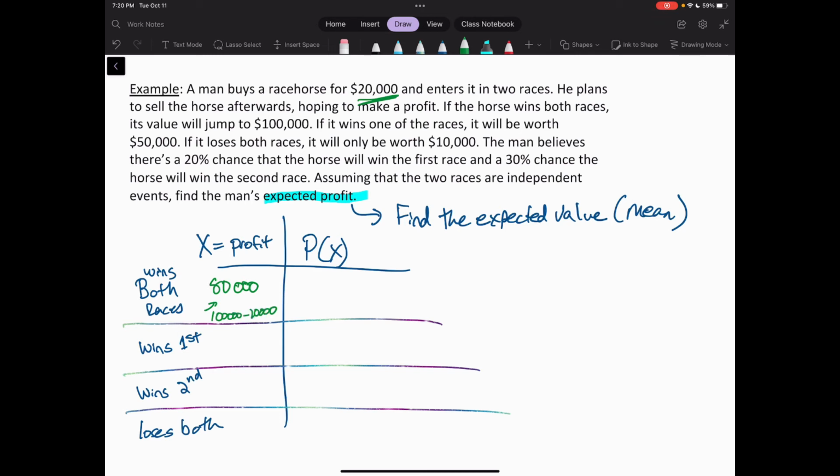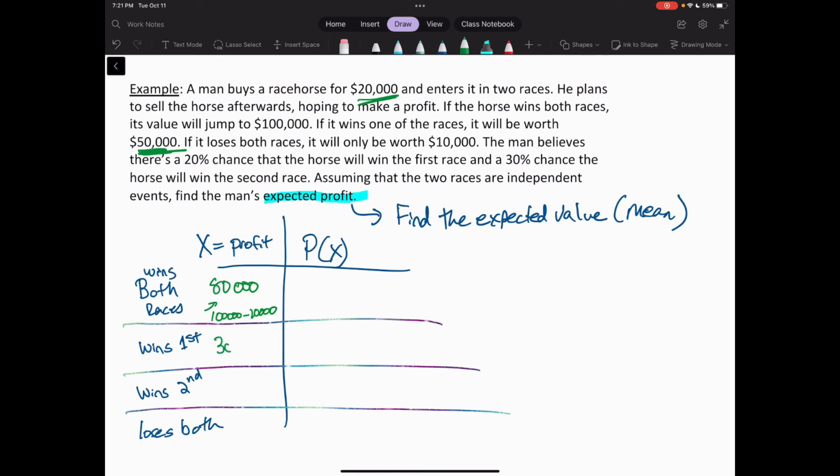I'm sorry for my cramped handwriting. So that was $100,000 minus $20,000. What happens if he wins just one of the races? Well, it says that the horse will be worth $50,000 in that case, if he wins just one of the races, either the first or the second. So once again, we take the $50,000 that he's now worth minus the $20,000 that we bought him for.